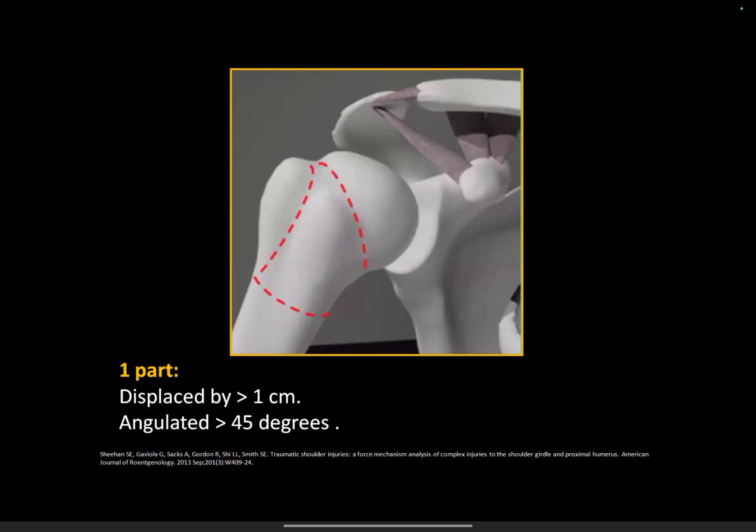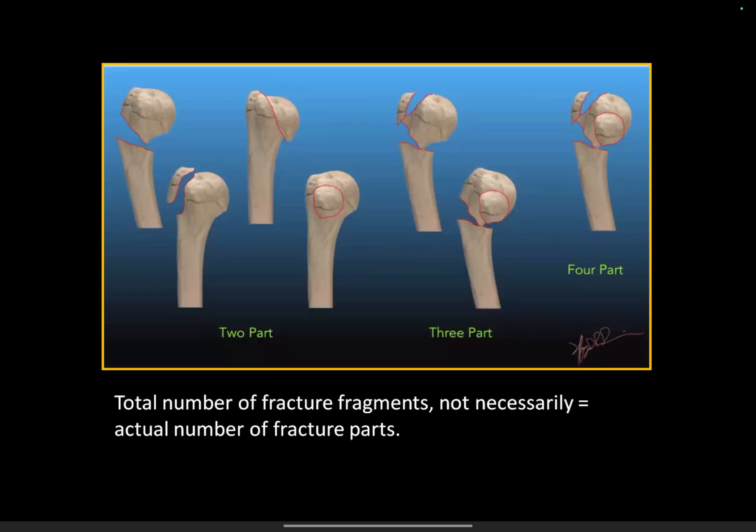All right. So now we're talking about Neer classification. In order for us to say that this qualifies to be one part, this fracture fragment needs to be displaced by more than 1 centimeter or angulated more than 45 degrees. All right.